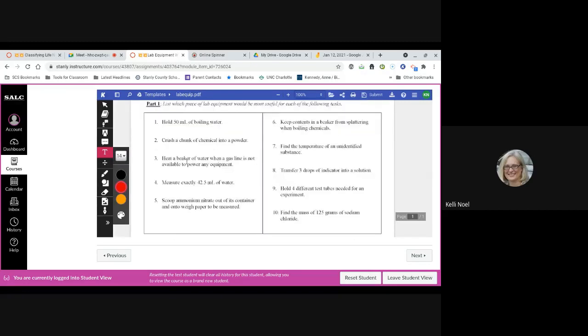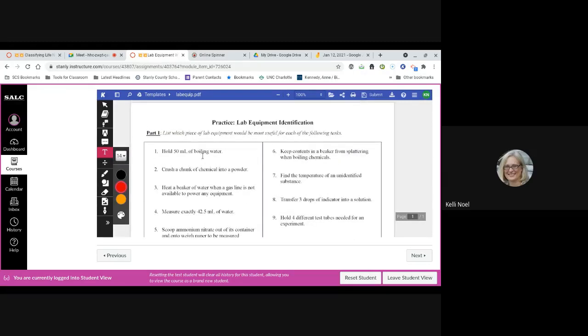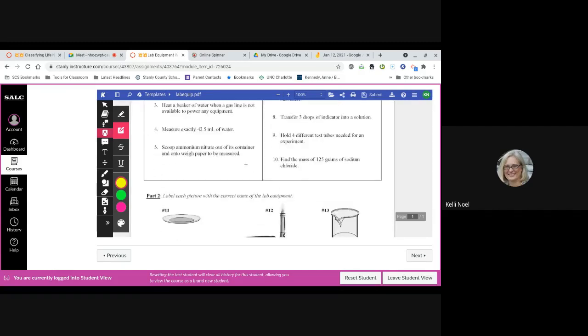In this first part here, you've got scenarios or descriptions, and you're writing the piece of lab equipment that would be most useful for the following. All right, so go back and look at the descriptions, and the piece that says hold or has hold in it is going to give you the clue to put here. You know, which one talked about crushing, that's the piece you would use here, and so forth.